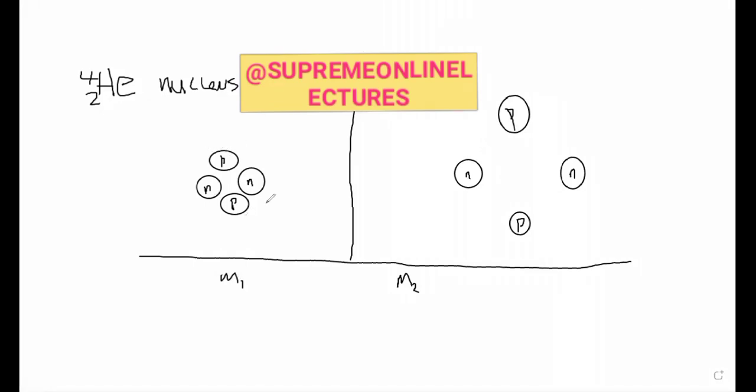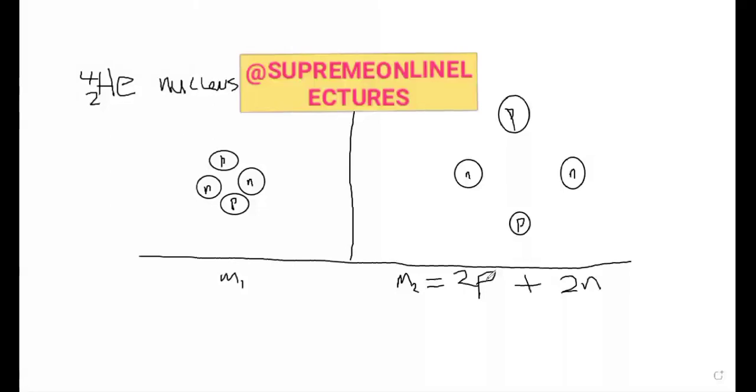Now, we require energy to separate these protons and the neutrons. At the end of the process, we have been able to separate the protons and the neutrons. Now, if we estimate the masses here, we have 2 protons, so this is 2p, plus 2 neutrons, so this is 2n.